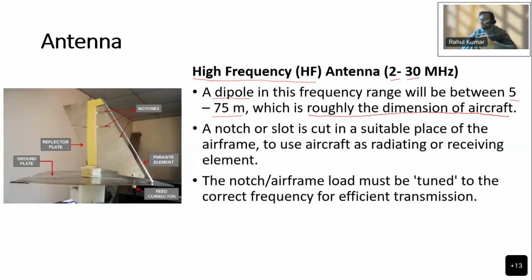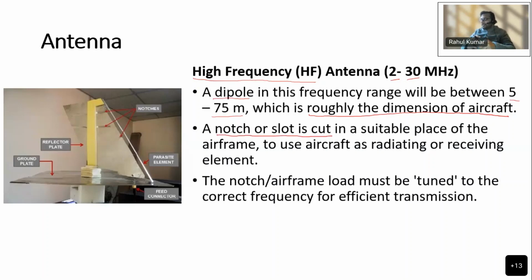And if you would have guessed it, yes, we use the entire aircraft as a radiating antenna for high frequencies. To use the entire aircraft as a radiating antenna, a notch or a slot is cut in a suitable part of the airframe.